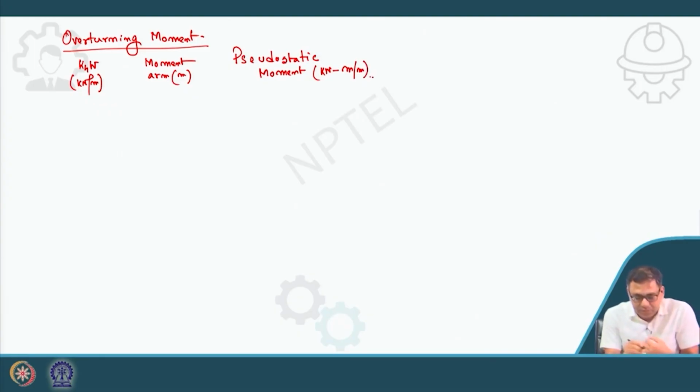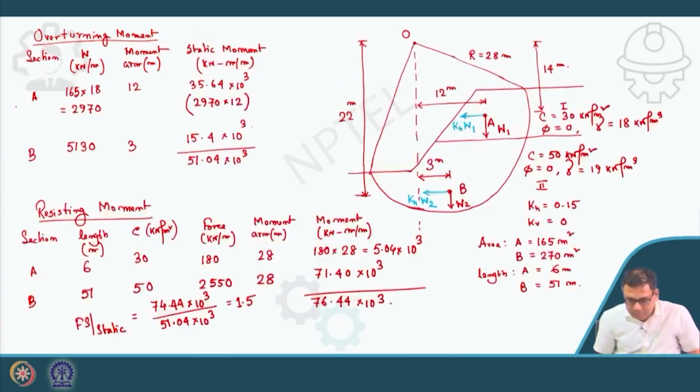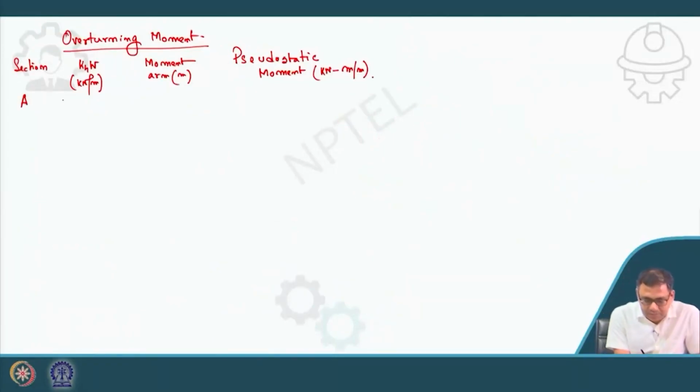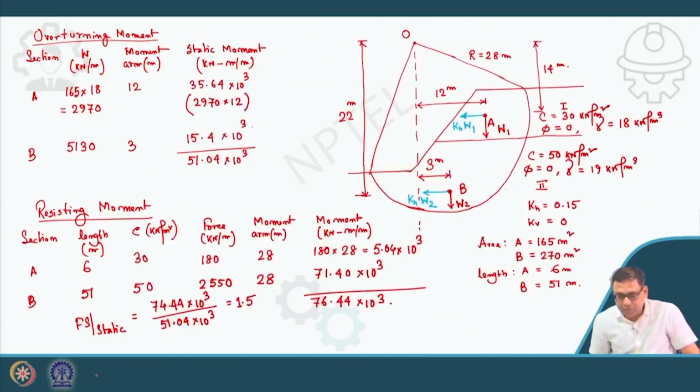So kH into W, for section A, W1 was 2970. So kH will be 0.15 into 2970. So this is coming out to be 445.5 kilonewton. What will be the moment?